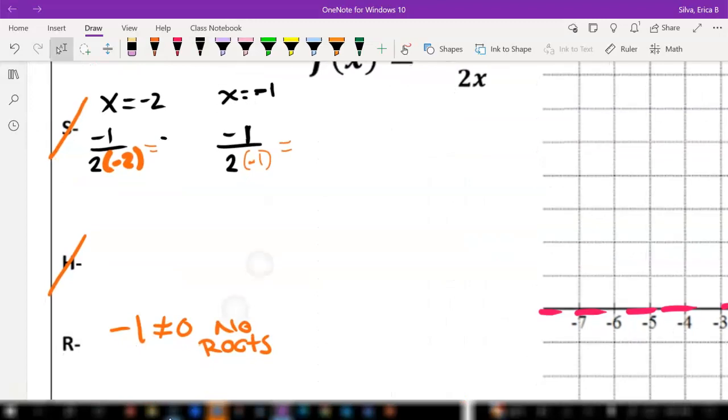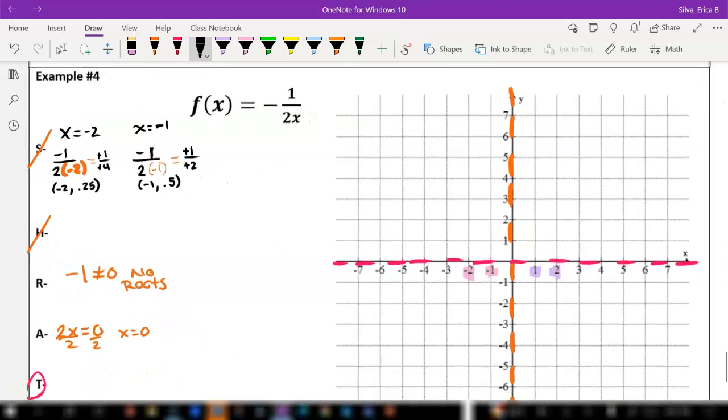Over here, we've got negative 1 over negative 4, which is negative 1/4, which is positive 0.25. And then for this next one, we've got 2 times negative 1, which is negative 2. My x is negative 1. These turn to positive, so that's a positive 0.5.